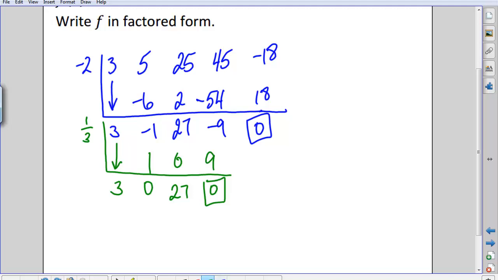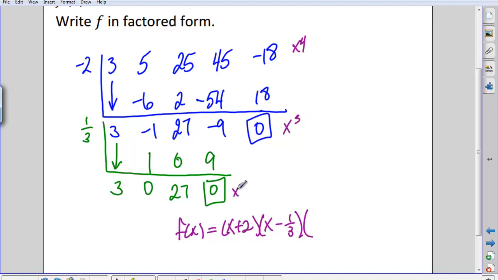And so up till now, here's what we're dealing with. We've got our function. We factored it. We know that x plus 2 is a factor because -2 is a zero, and we know x minus 1/3 is a factor because of 1/3 being a zero. And then we're left with, okay, this was x to the 4th, and then x cubed, so this is x squared down here.